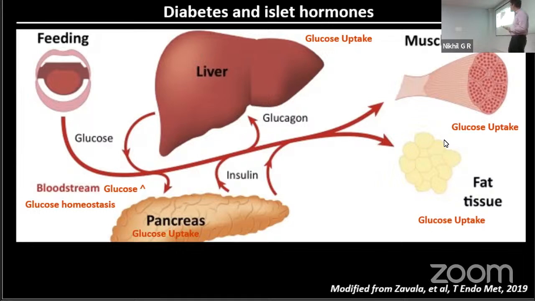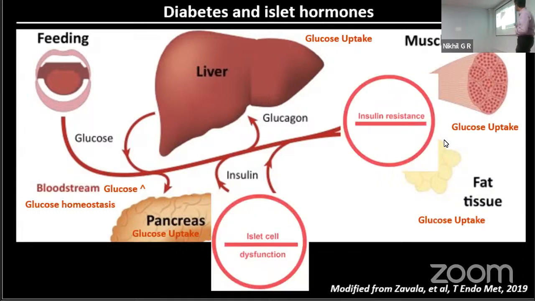They eat so much, but there is something called insulin resistance, which means that even though insulin is being secreted, the blood glucose is still very high because it can't be taken up by the peripheral tissue. Insulin action is compromised, which is why it's called insulin resistance. The other is islet cell dysfunction. The pancreas has specialized cells which I'll go into.